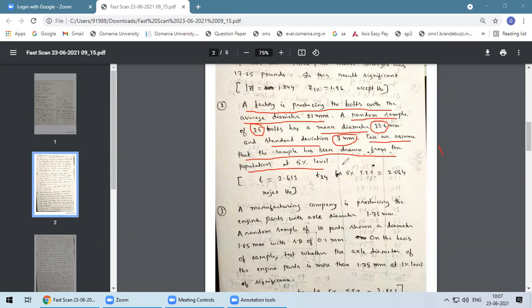A factory is producing bolts with the average diameter 21 millimeters. A random sample of 25 bolts has a mean diameter 22.6 millimeters and standard deviation 3 millimeters. Now the question is, can we assume that the sample has been drawn from the population at 5% level? The answers I have written are not required; up to this point you can copy.